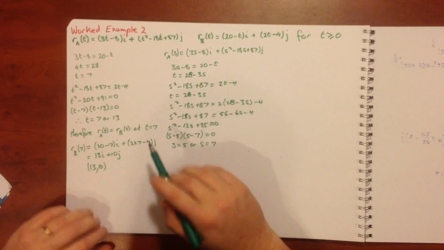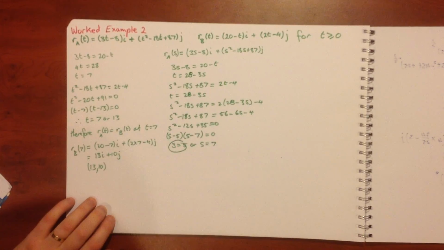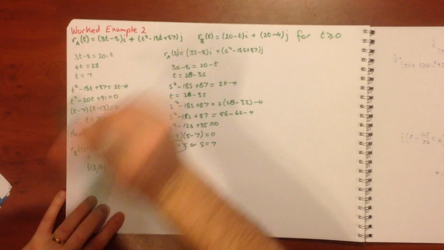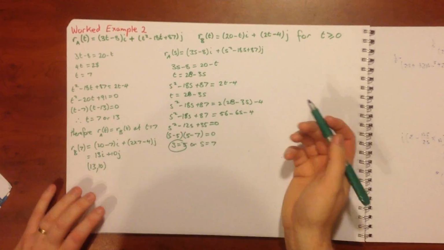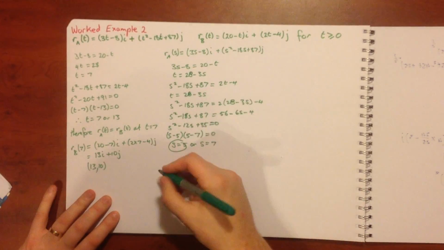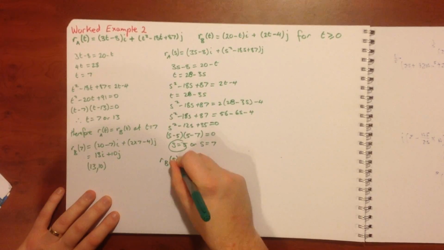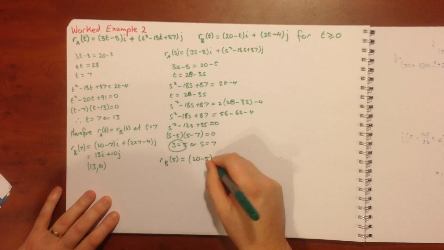So now we use this s equals 5 value and sub it back into our r of a or our r of b. It doesn't really matter, because again we're going to get the same answer. So we'll use our r of b again.